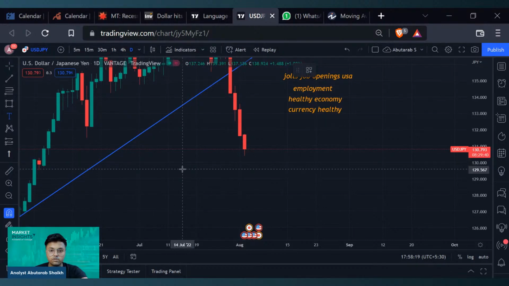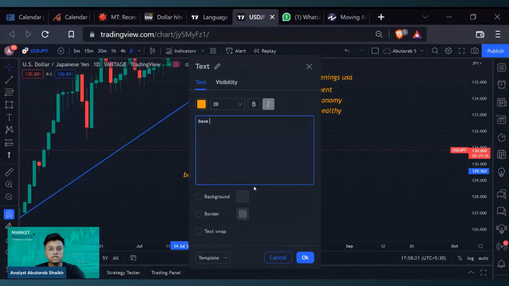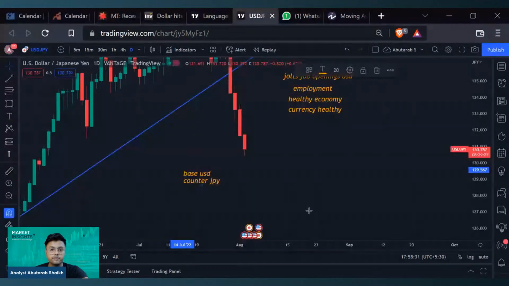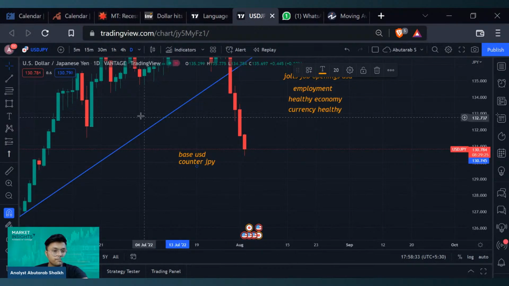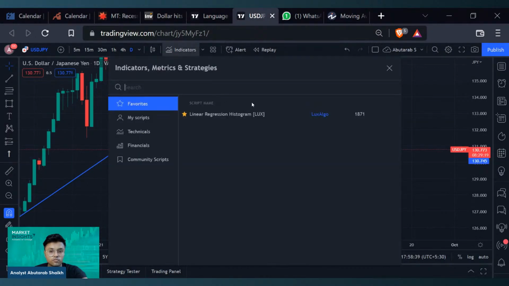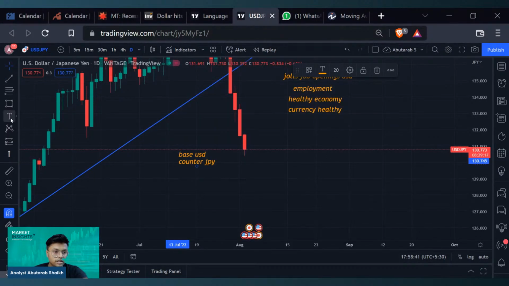I'll just write it down. These are very basic stuff, but you must know everything. So in here, base is USD and the counter is JPY, right? Base, counter. Next, what does this mean, sir? What is this counter? I will tell you.